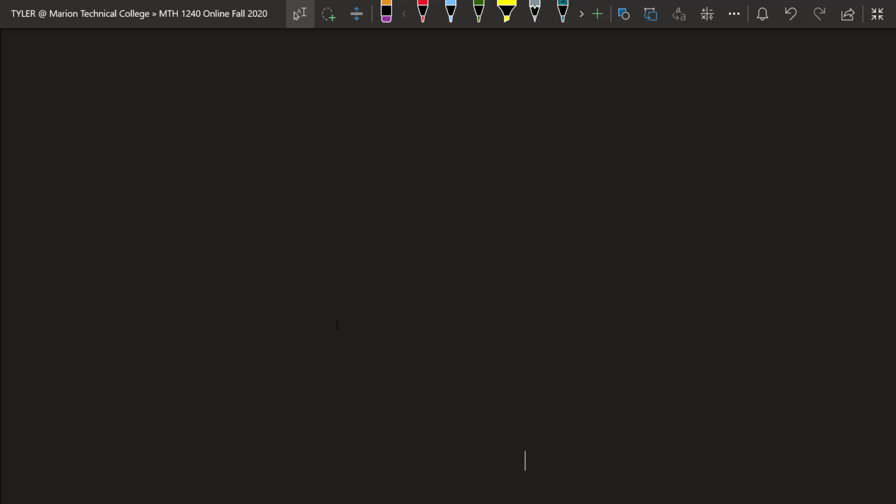All right, so the very first thing that we have is, the least squares regression line is given by, let me use this blue, y hat equals b sub 1 x plus b sub 0. Or this could be given as y hat equals b sub 0 plus b sub 1 x.